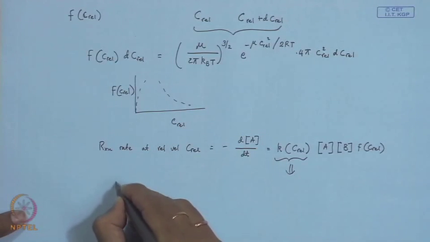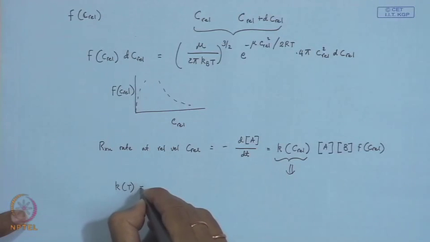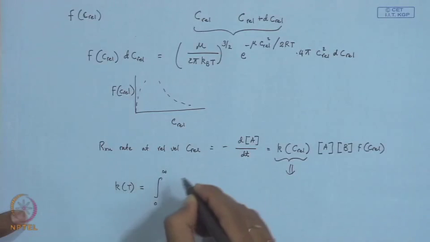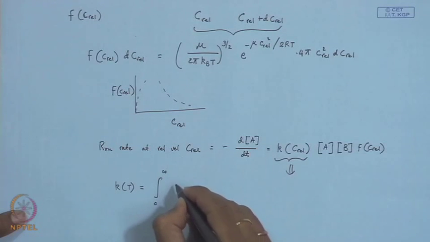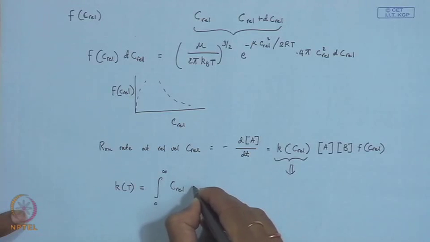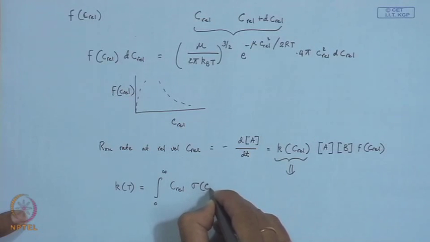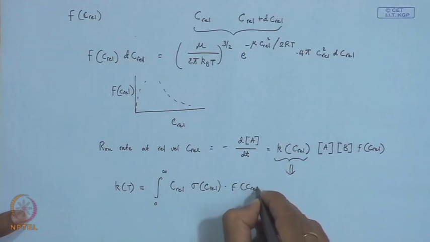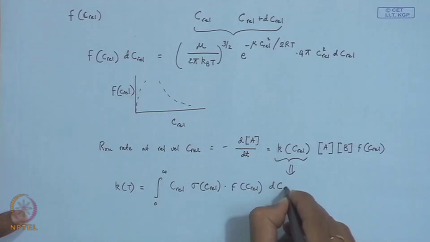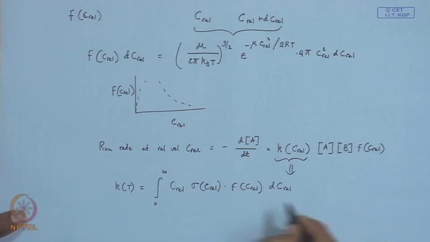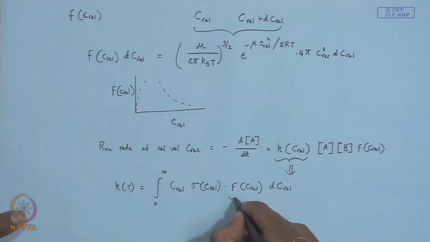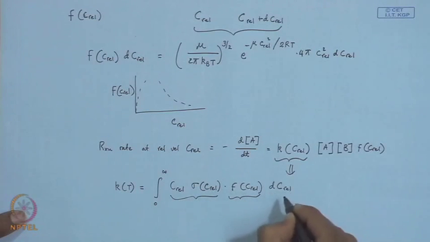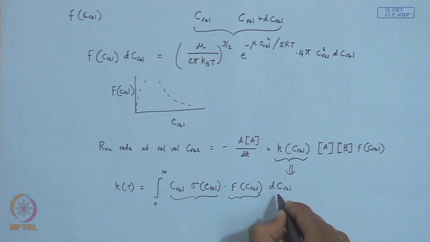So, therefore, average kT can be written as integration from 0 to infinity, that is, we are integrating for all the speeds, c relative into sigma c relative into f c relative dc relative, okay. So, this is your probability function, this is your quantity, and this is the integration variable, okay.